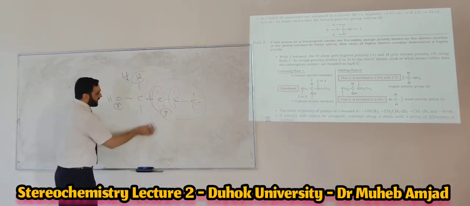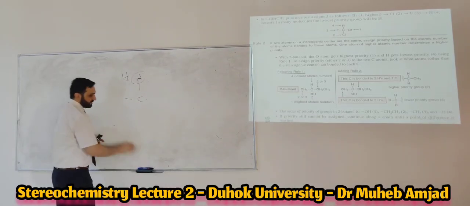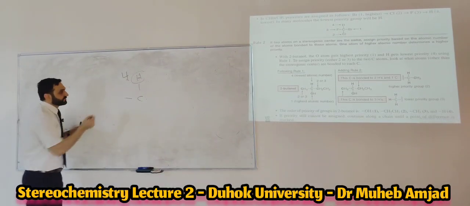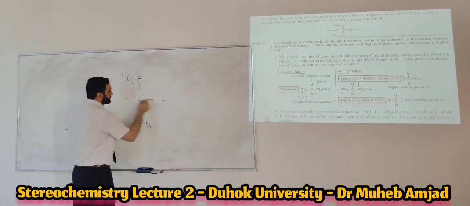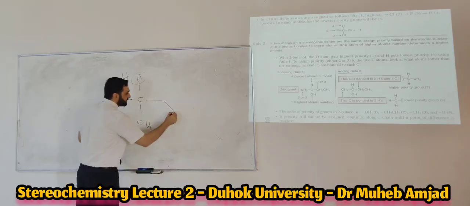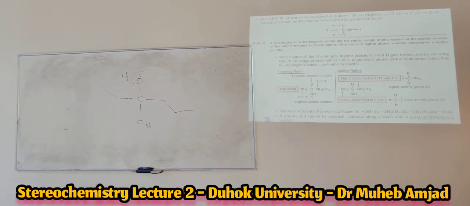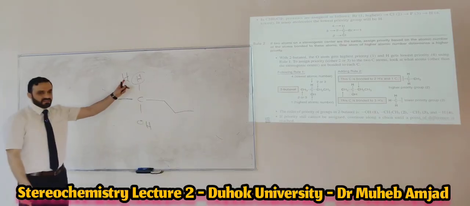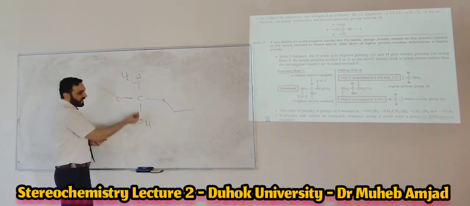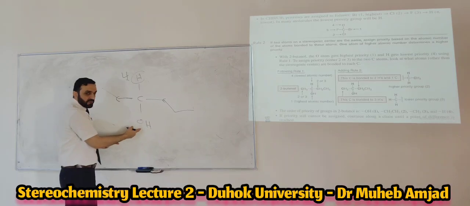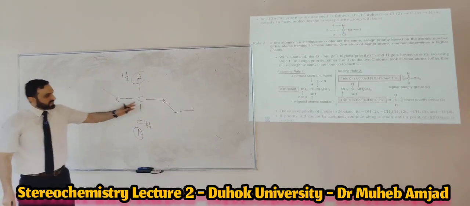Now, I will give you an example here, like this compound. Hydrogen is number 4. We have here carbon, carbon, and oxygen. Which takes number 1? Oxygen. Now, which is 2 or 3?